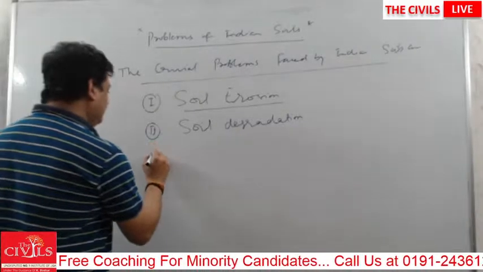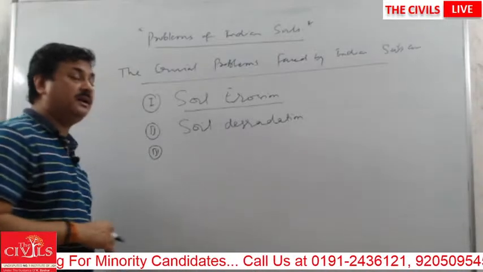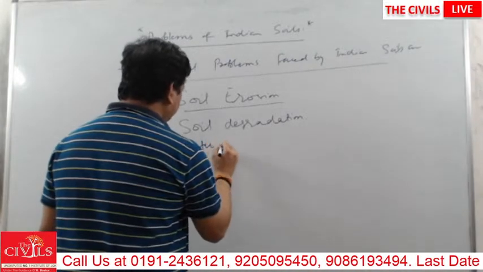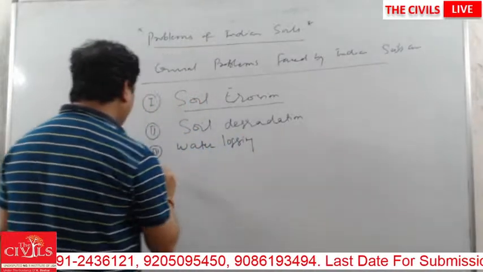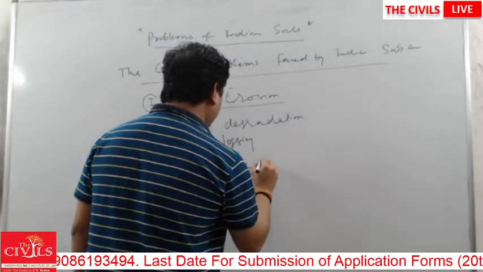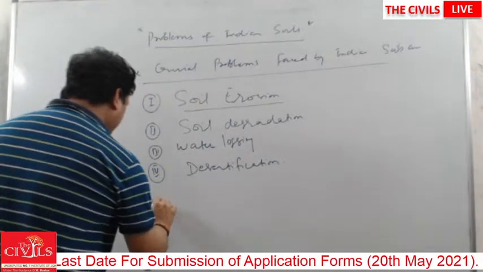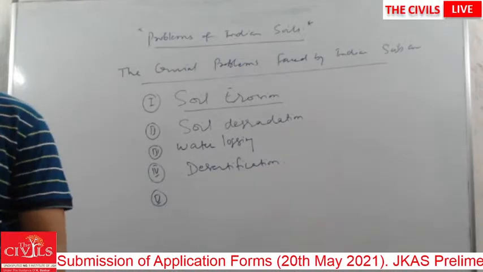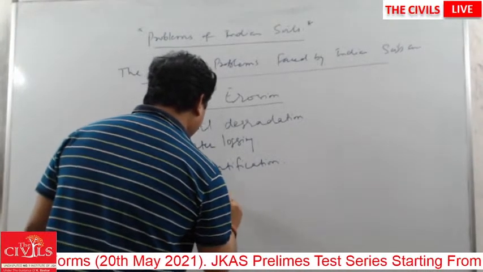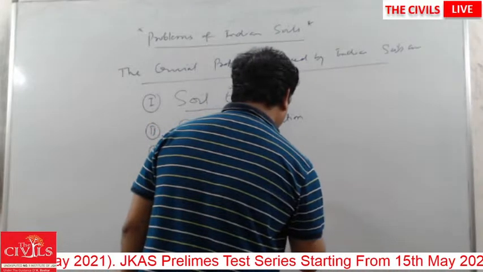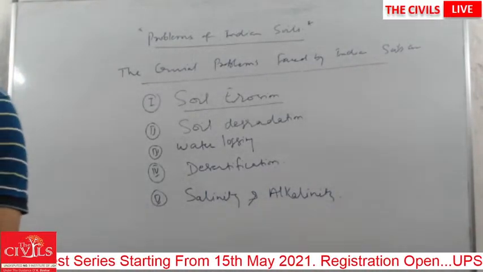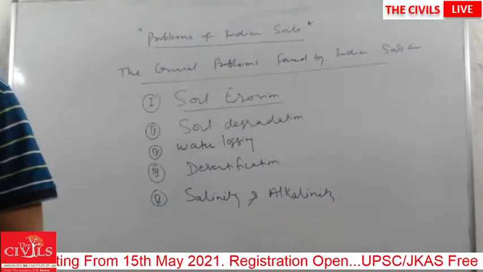Number 3 is water logging. Number 4 is desertification. Number 5 is salinity and alkalinity. And number 6 is encroachment of agricultural land. Wasteland is also encroachment of the agricultural land.